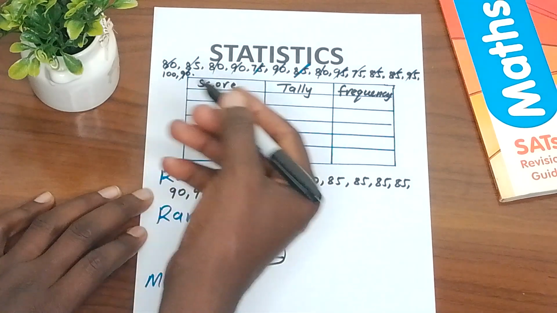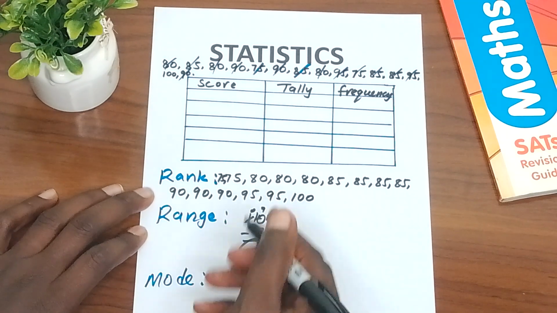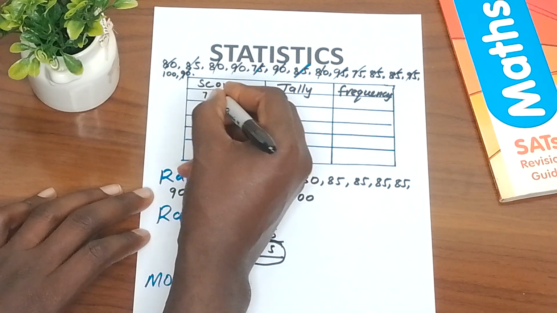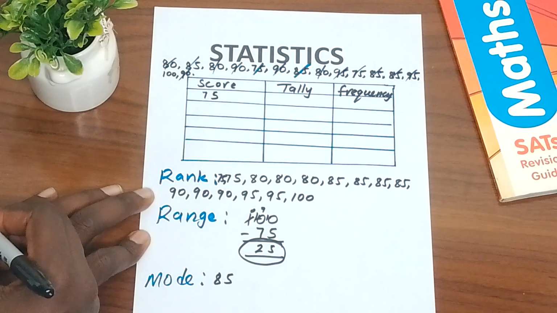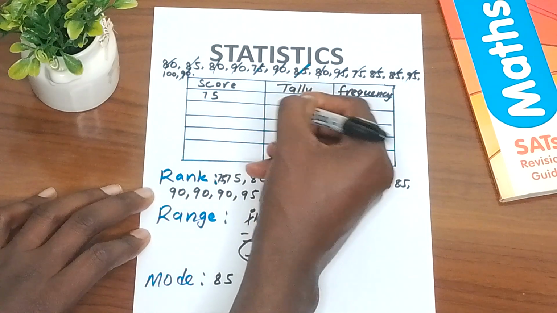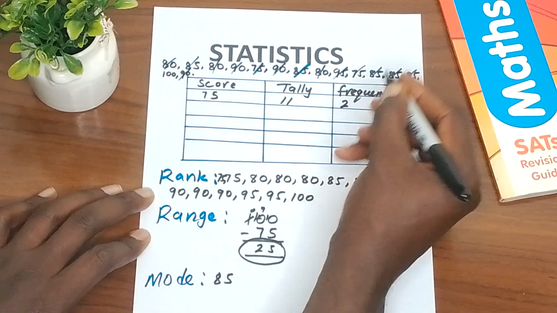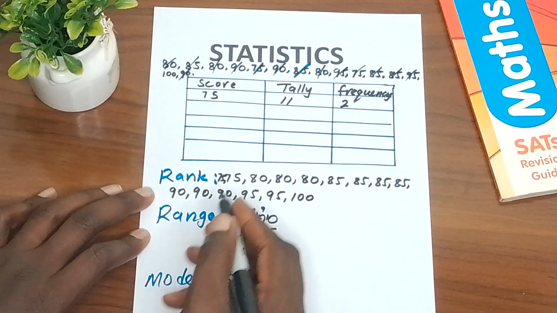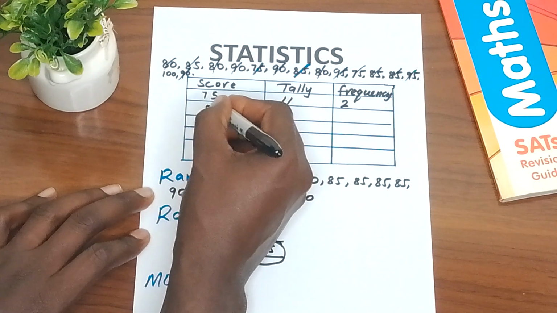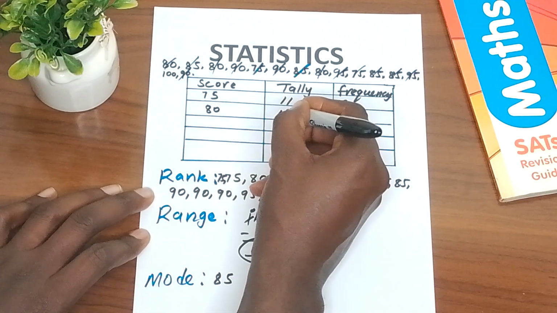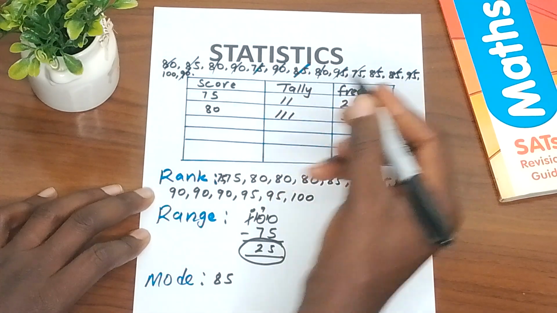So here we can do our table now. We write the smallest number, which was 75. How many 75s? We have already seen that there are 2, and then you write 2 here. Then we go to 80 as our next. 80, there are 1, 2, 3, which is 3.